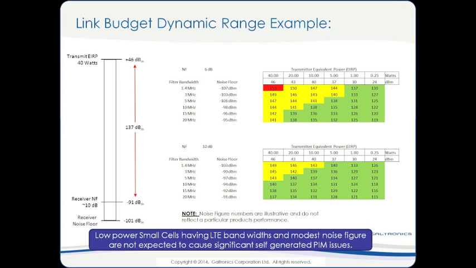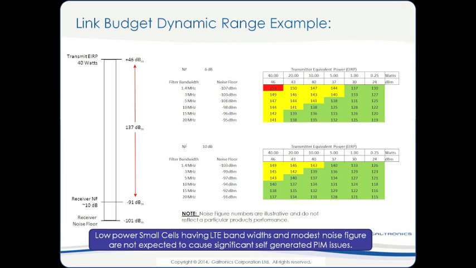Now, the table at the bottom of the slides here is essentially the same information, but we've increased the noise figure of the receiver. I've heard estimates for this to be as high as 20 and maybe even 40 dB, but the trend here is that as the noise figure of the receiver is increased, the ability to see these intermodulation products caused by self-generated PIM, not external PIM, is reduced. You see that increase in noise figure actually reduces the dynamic range and maybe even your ability to see those PIM sources.